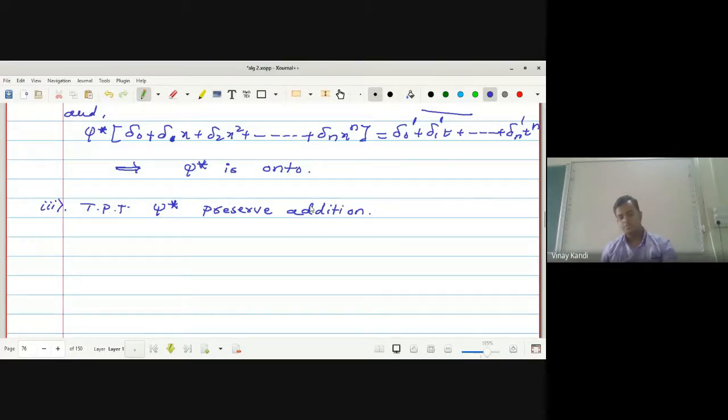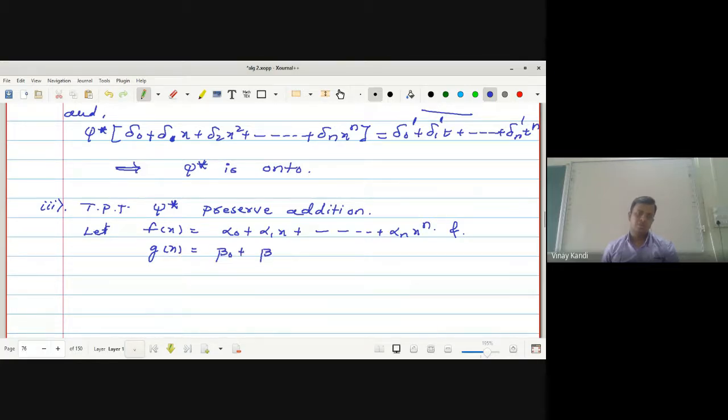Now let f of x is equal to alpha naught plus alpha 1 x plus up to so on alpha n x raised to n, and g of x is equal to beta naught plus beta 1 x plus up to so on beta m x raised to m. The degrees of the two polynomials may or may not be equal.